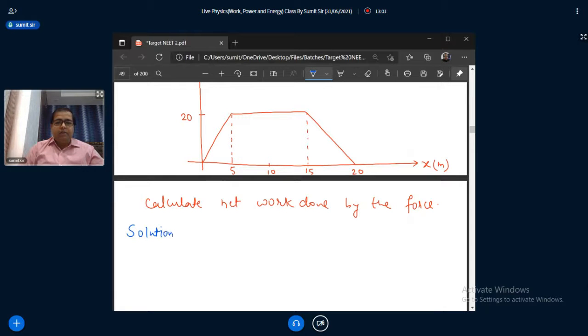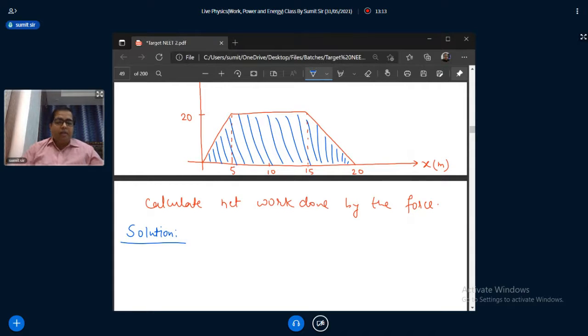Let's solve this. We need to find the total work done, that means this shaded area. You have to calculate the area of this shaded region, and work done W is equal to the shaded area. It's a trapezium, so this is half into the sum of parallel sides.